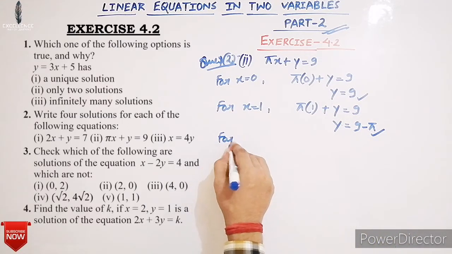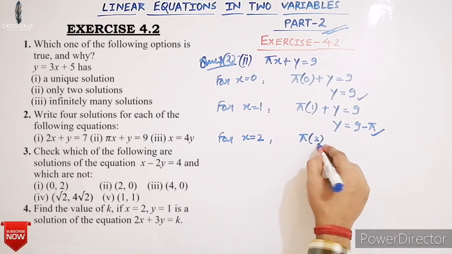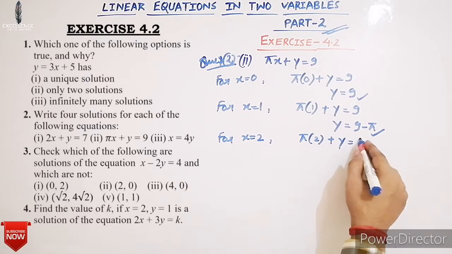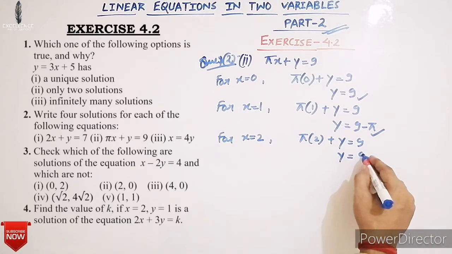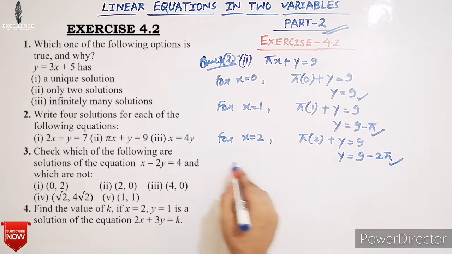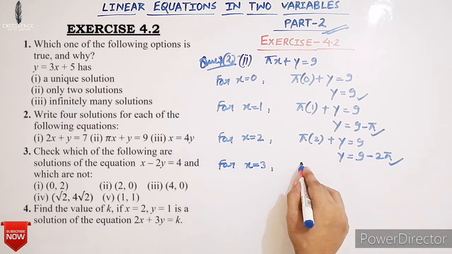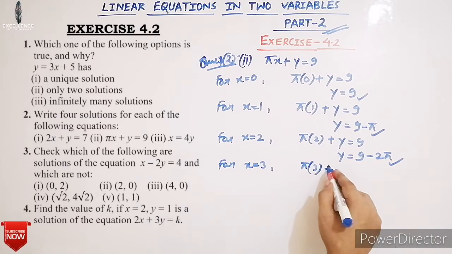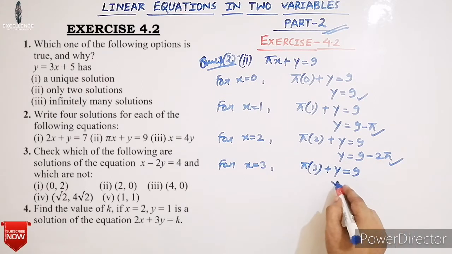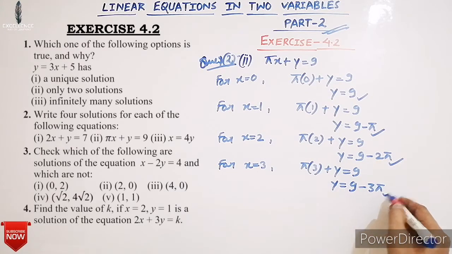For x is equals to 2, we have pi into 2 plus y is equals to 9. So we have y is equals to 9 minus 2 pi. Now for x is equals to 3, we have pi into 3 plus y is equals to 9. So y is equals to 9 minus 3 pi.